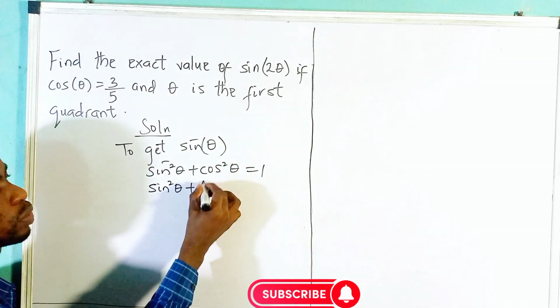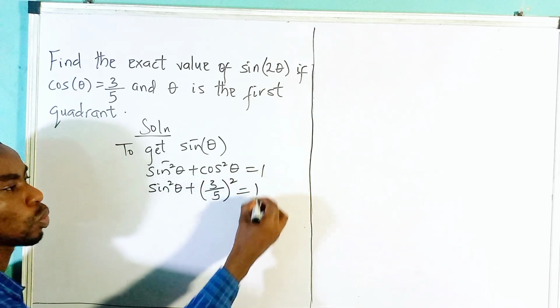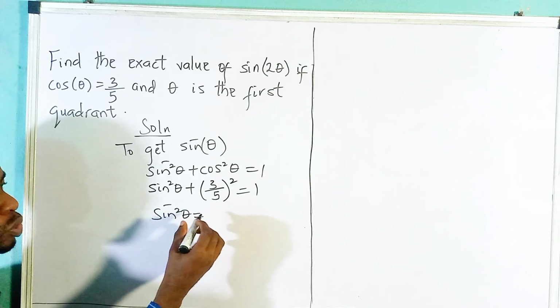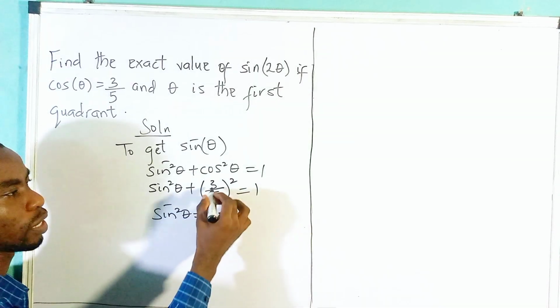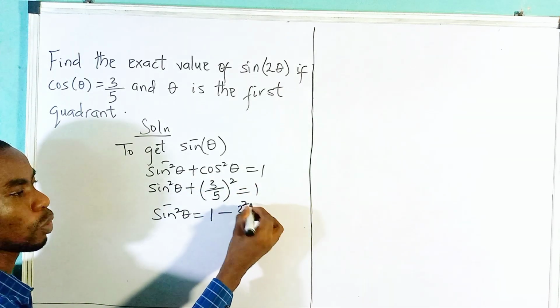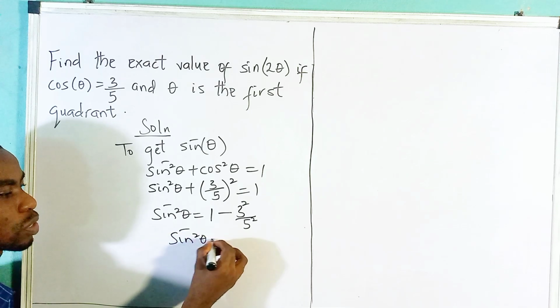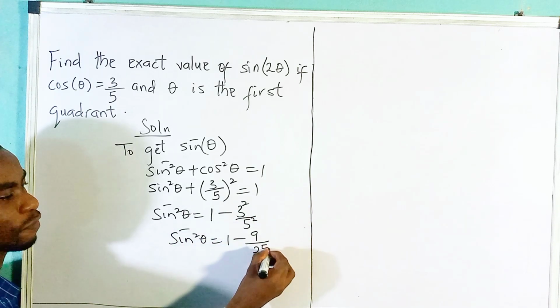So cos theta, which is 3/5, all squared, is cos square theta, and that equals 1. Sine square theta is equal to 1 minus, because this can move to the right hand side, 3 square over 5 square. That means sine square theta equals 1 minus 3 square, which is 9, over 5 square, which is 25.